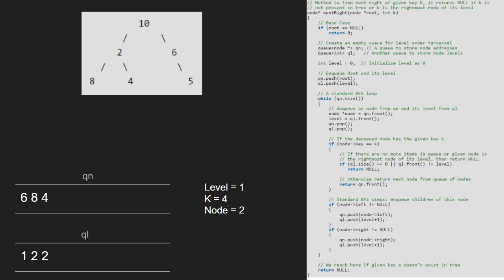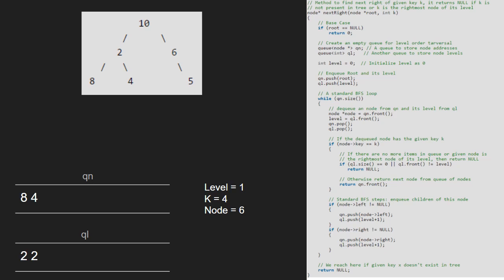Again, since Qn is not null, we continue with the while loop. Now, node will point to 6 as 6 is the front element in Qn. Also, level will be equal to 1 as the front element in Ql is 1. Now, we dequeue 6 and 1 from Qn and Ql respectively. Again, we check if node is equal to k.